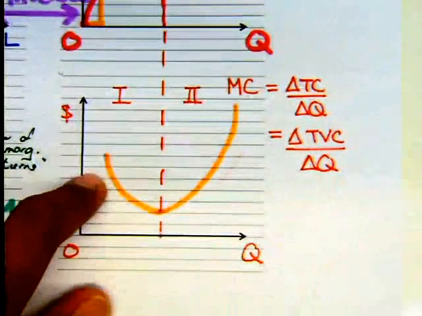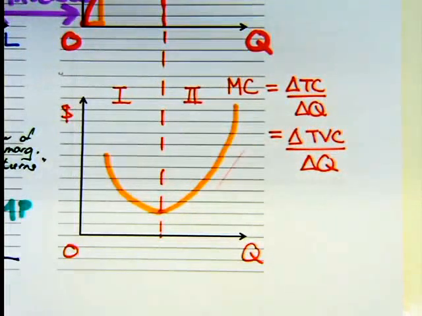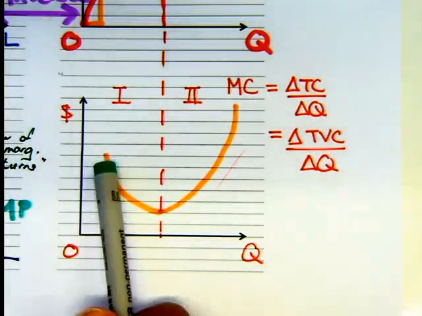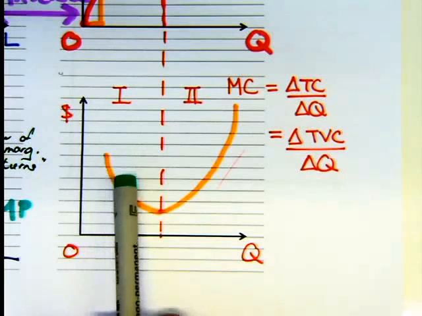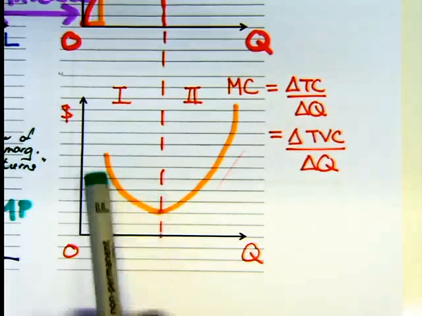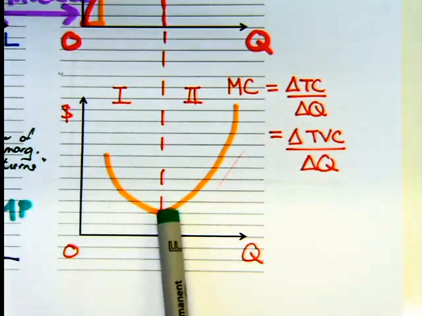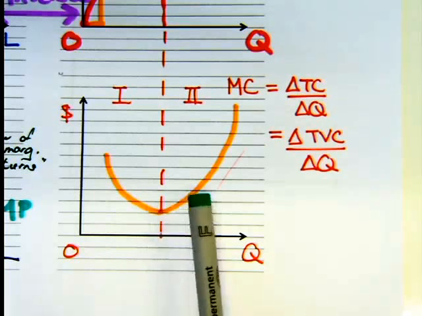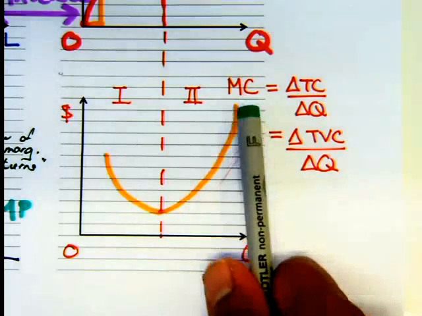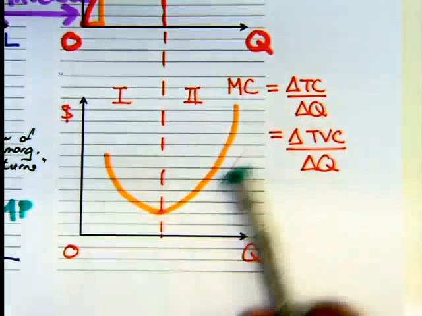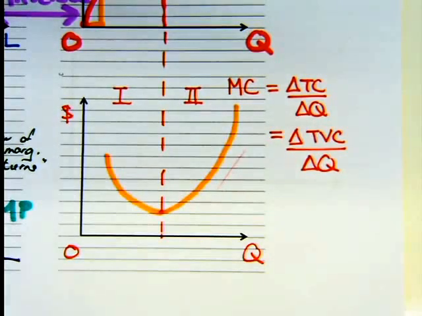When a firm starts out, when the capital is fixed and there's room for specialization, the extra cost begins to go down. But once that machine, once that equipment gets overcrowded, the extra cost begins to go up. That's why the marginal cost is shaped that way.